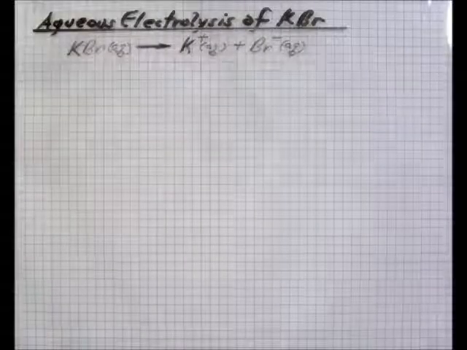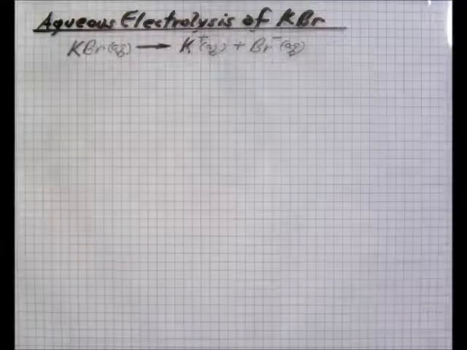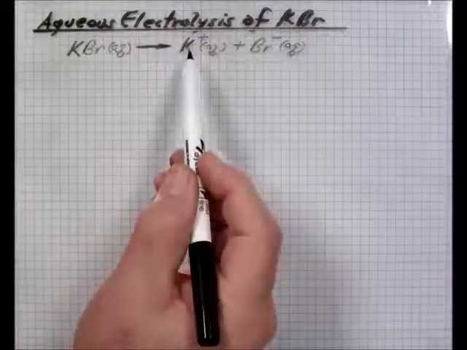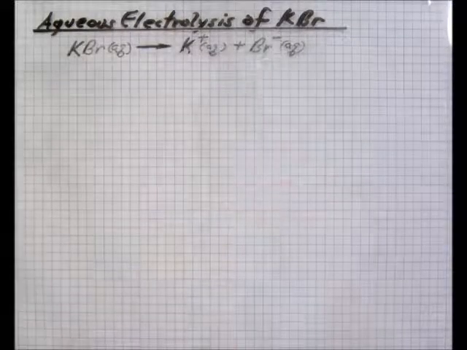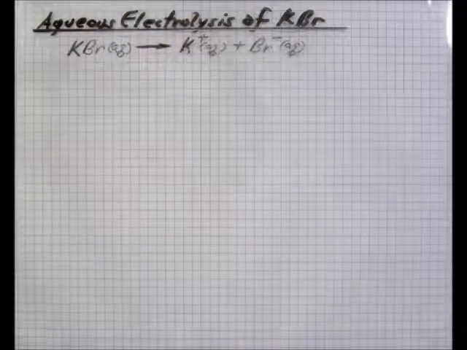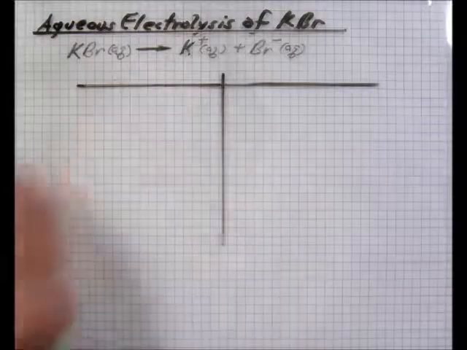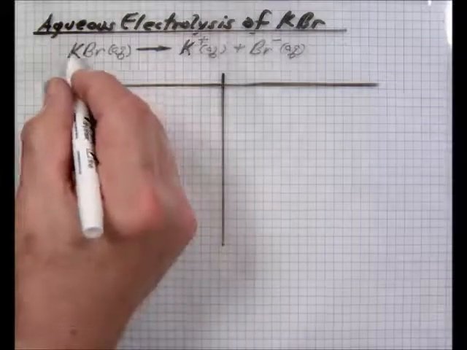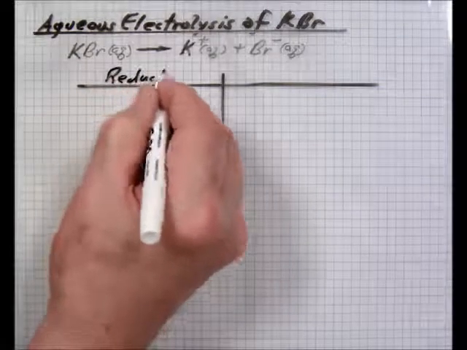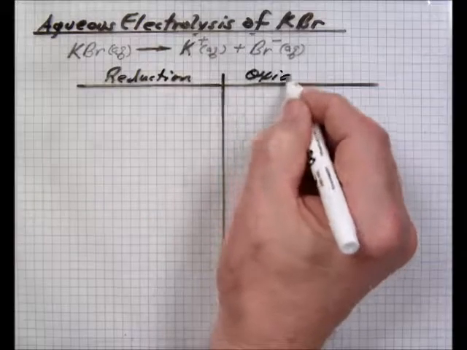Now, to begin with, we need to write the ionization reaction of potassium bromide, showing the potassium ions and bromide ions. Next, construct a T-table, and then over on one side, I like to put reduction because metals come first. Then on the other side, oxidation.